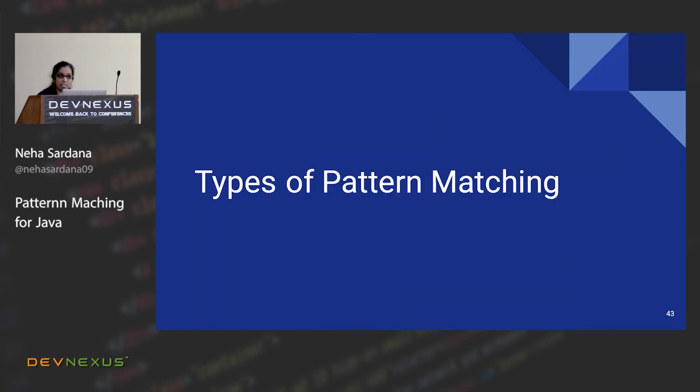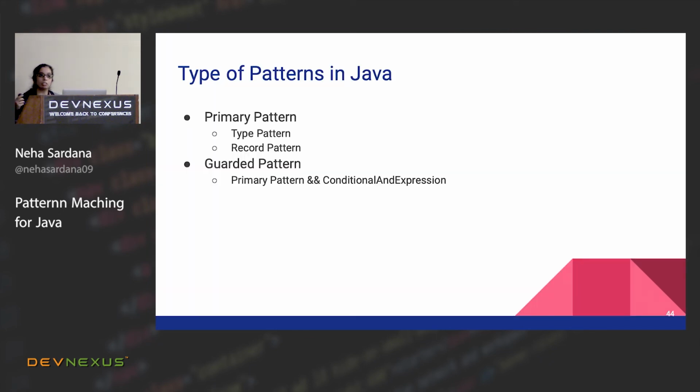Okay, types of pattern matching. We talked about pattern matching with instanceof, switch expressions and statements as well. Just summarizing it with the types of pattern matching. The ones we talked about, primary patterns, were type patterns, the checking that we are doing with instanceof operators. We are checking the type of your pattern. The other one, I'm going to come to this, is the record pattern. It's also a different type of primary pattern.